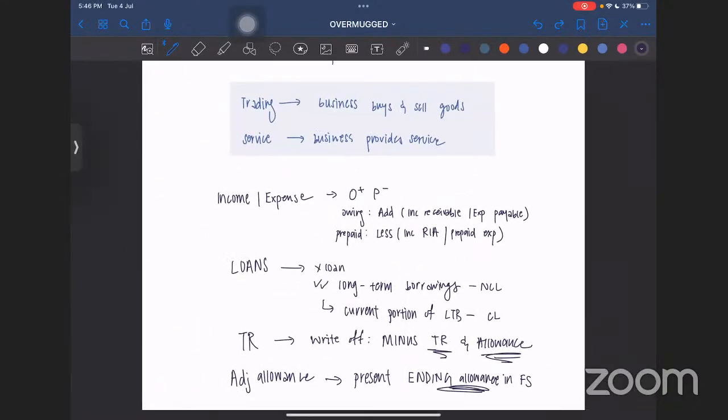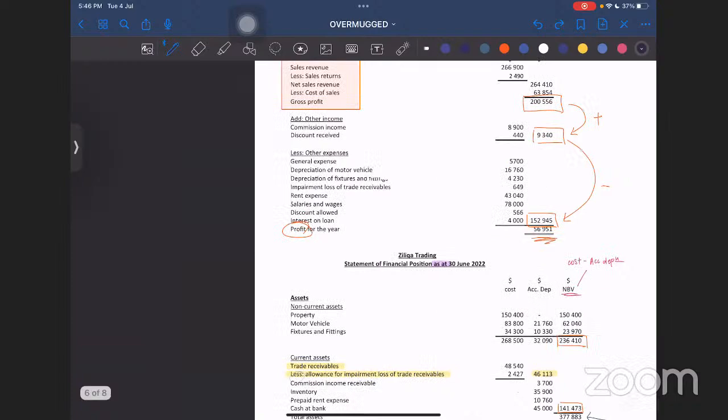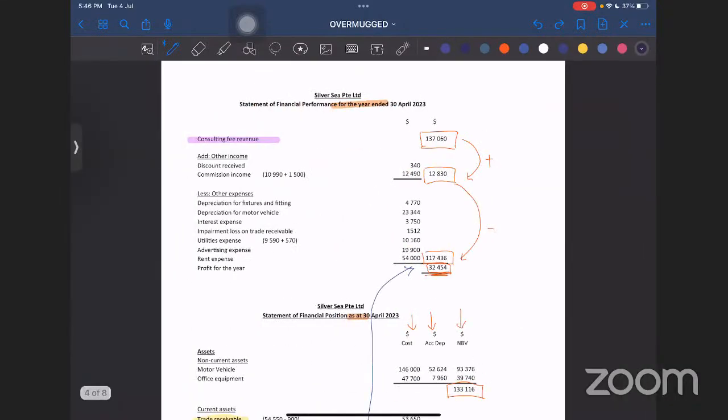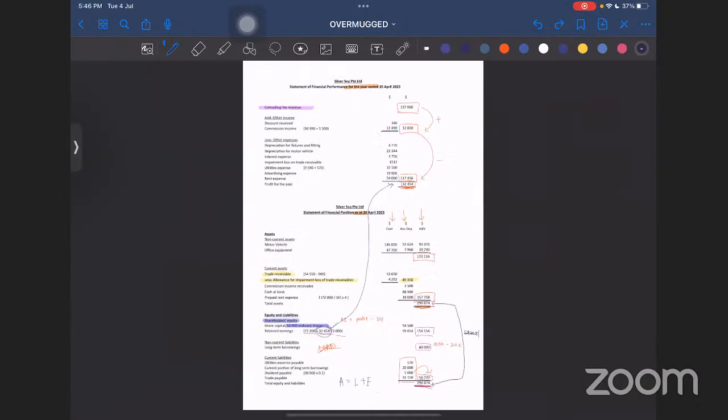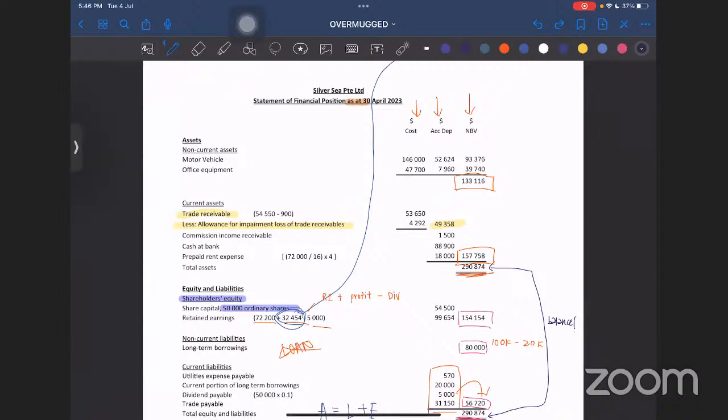Okay, so pretty much that is all that you need to know for adjusting your financial position. So please just go and practice more, and then you will get the hang of it. Okay, and for company equity side, shareholders equity.